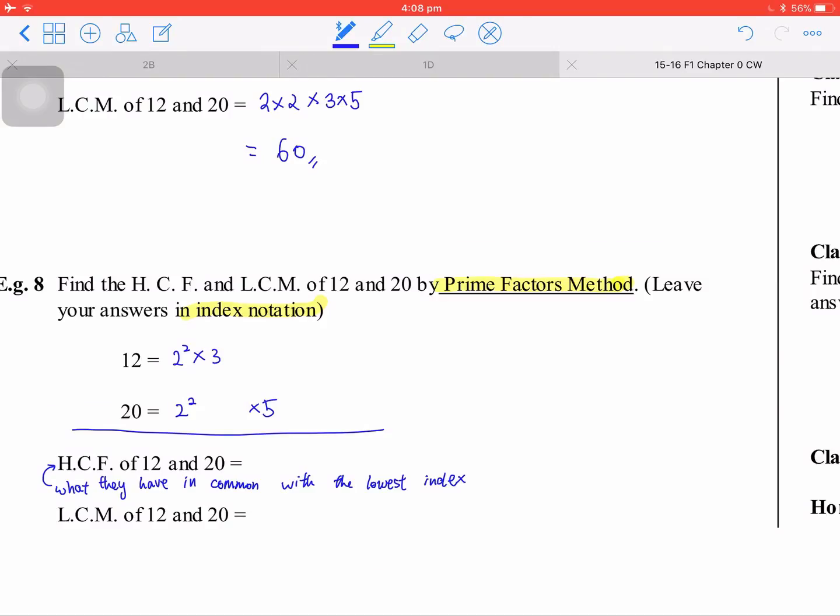So here for HCF, both of them have 2, and the lowest index will be 2, so you have 2 to the power 2. And for 3 and 5, they do not have it in common, so you do not copy it. And for LCM, you are going to put down what they have with the highest index. So there will be 2 to the power 2, and 3 and 5. So the answer will be like this.